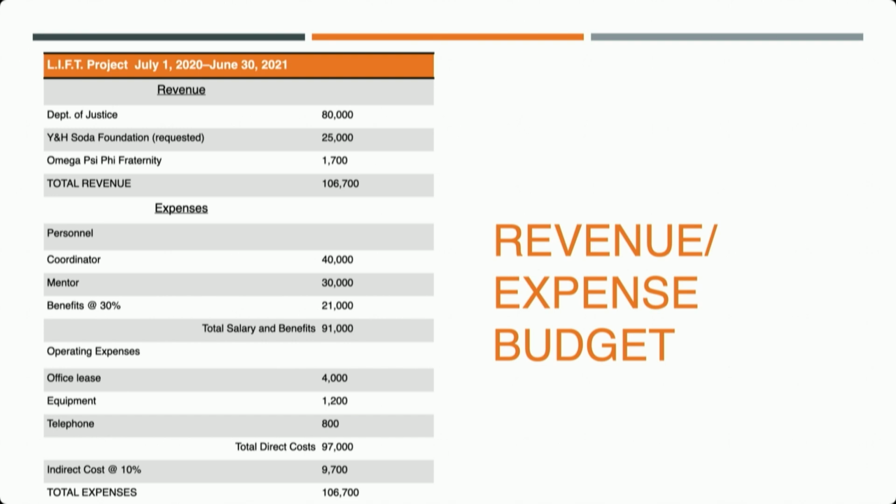And there's a fraternity that has contributed $1,700. So the total projected revenue is $106,700, with 25% of that being tentative. We don't know for sure, right? Then we have the expenses below, listed much the way they're listed on the other line item budget.